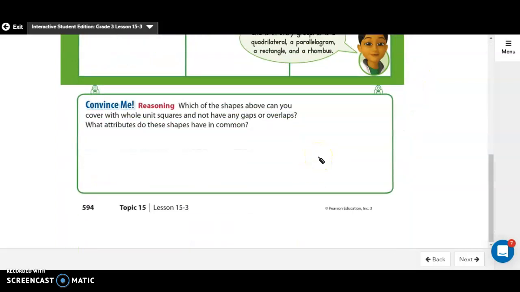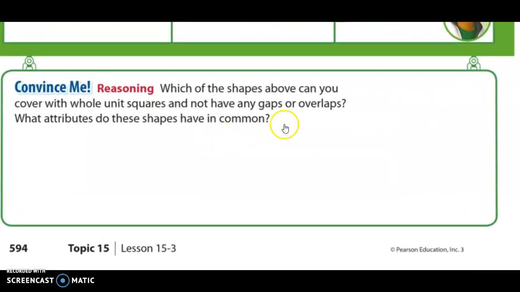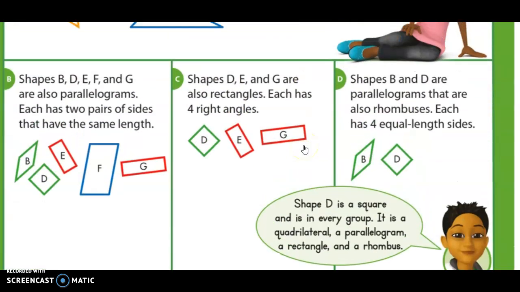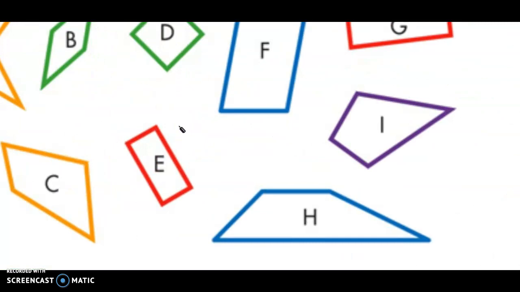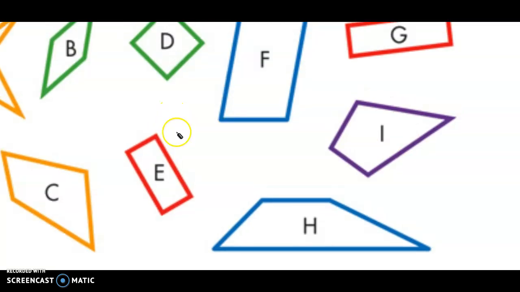Okay. Down at the bottom, which of the shapes above can you cover with whole unit squares and not have any gaps or overlaps? So basically, which ones of these could we cover perfectly with unit squares to find the area?